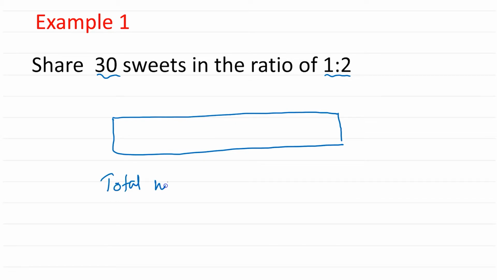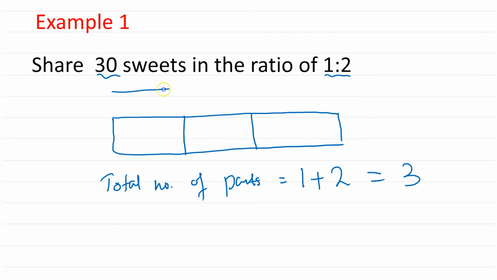Total number of parts is equal to 1 plus 2, which is equal to 3. So in this whole bar, I need to have 3 parts. Okay, so let's just do 1, 2, and 3. So in here, altogether, I must have 30 sweets.